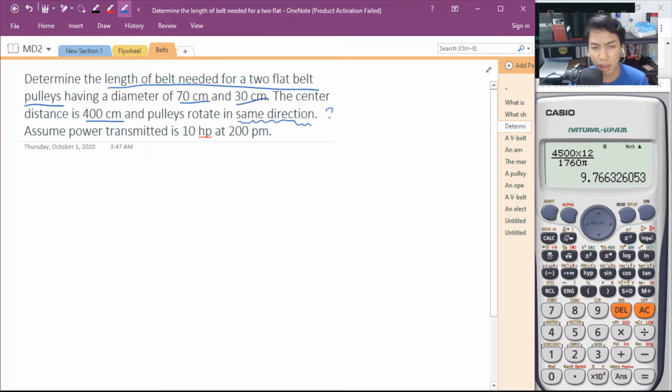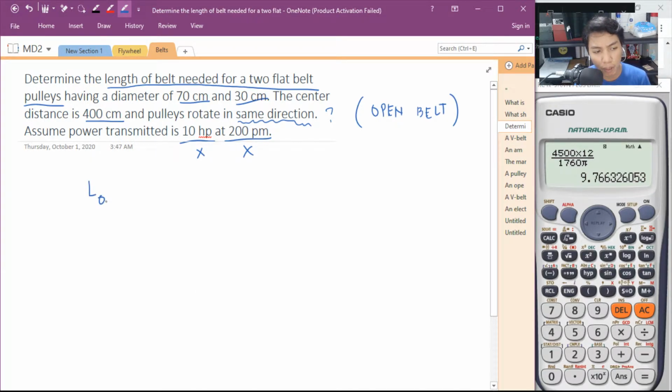If same direction, we can say open belt. Open belt yan. Now, assume power transmitted is 10 horsepower and 200 RPM. Hindi na natin kailangan gamitin to. Excess na yan eh. Wala naman ibang tinatanong. So, tinatanong lang dyan is the length of the belt.